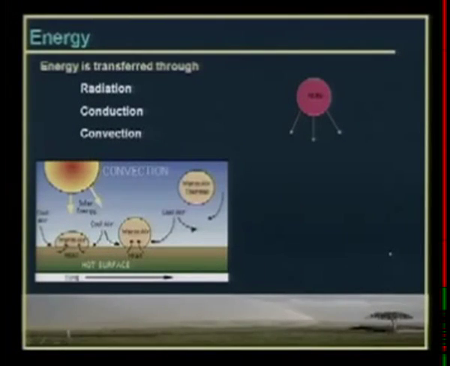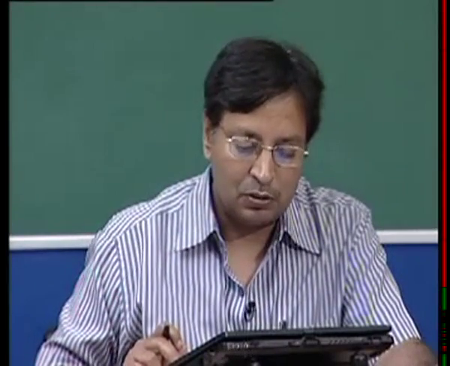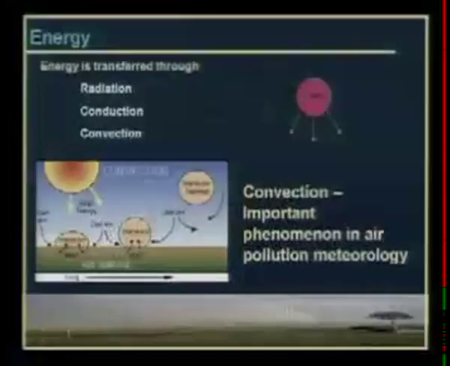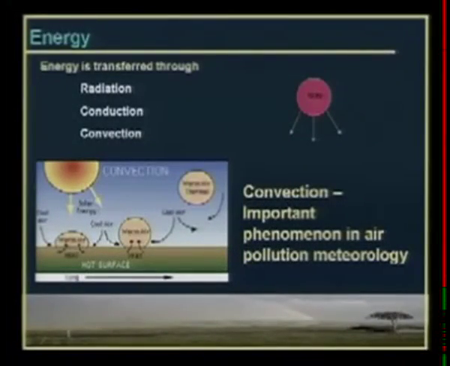The ground gets heated, and the hot air or the warm air goes up, as you can see on the picture on the left hand side, and the cool air comes in. So it's kind of the convective currents which are passed, and that's the primary reason for the transport of the pollutants. You can see the convection is an important phenomenon in air pollution meteorology, and with this convection the wind blows and the wind direction decides where the pollutants will go.